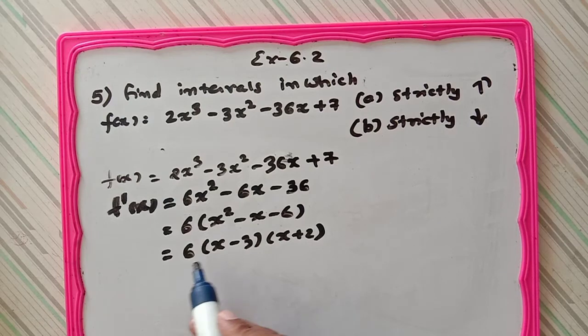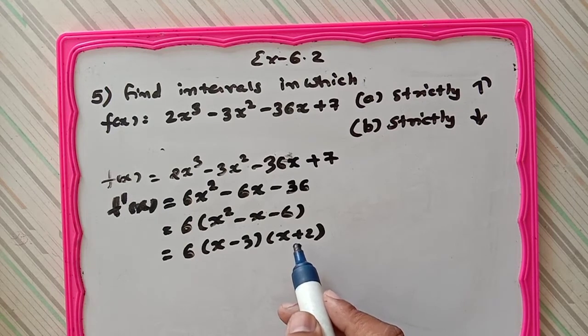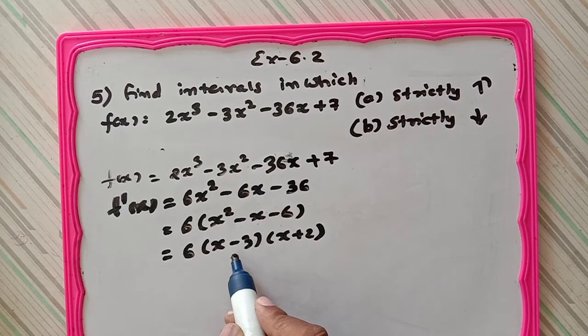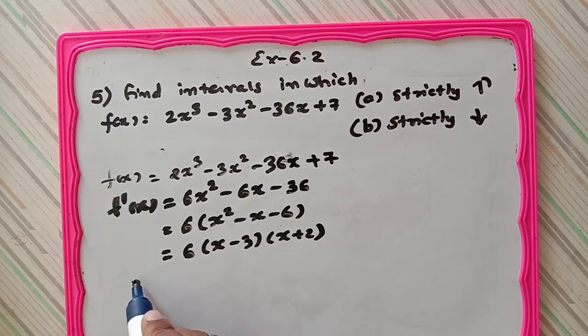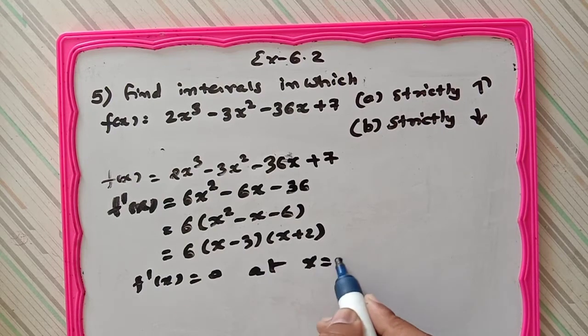Here 6 is always positive, so f'(x) positive or negative depends on x - 3 and x + 2. f'(x) will become 0 at the zeros of x - 3 and x + 2. So f'(x) = 0 gives x = 3 and -2.